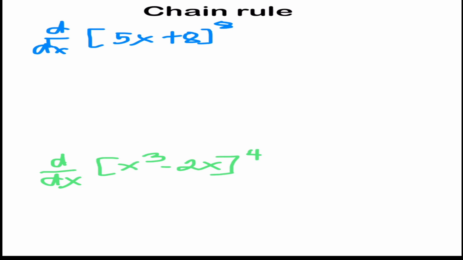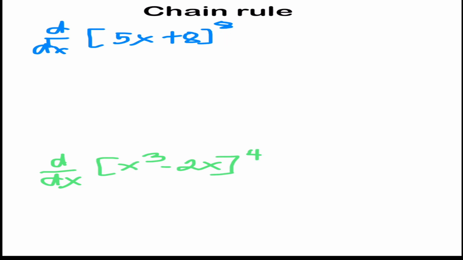We are going to find the derivative of 5x plus 8 raised to the 8th power. So the first step is that we are going to move the exponent, or bring it in front. Then remember that in derivatives, we always subtract 1 from the exponent.